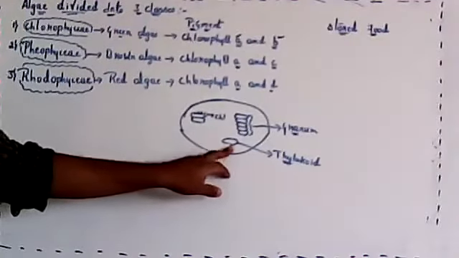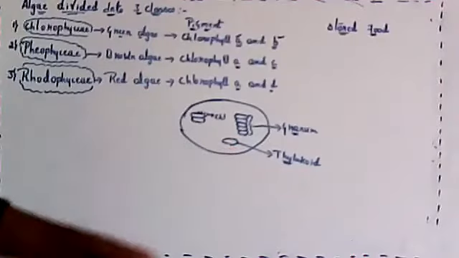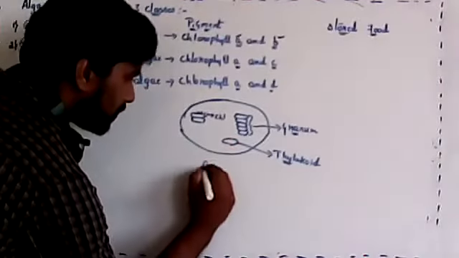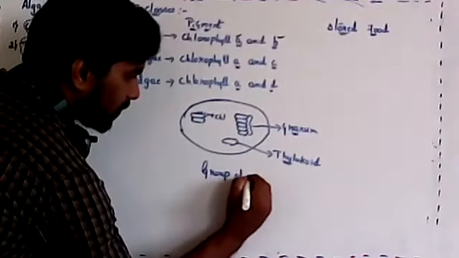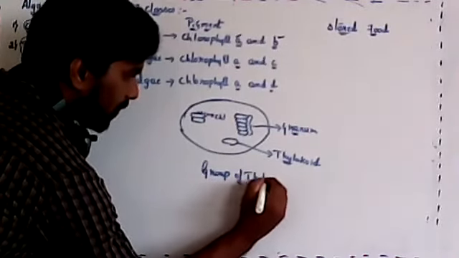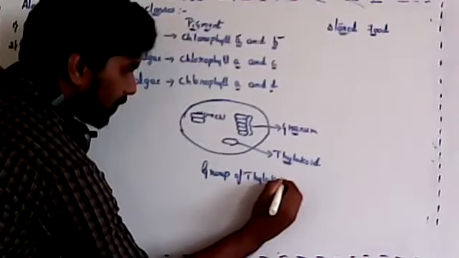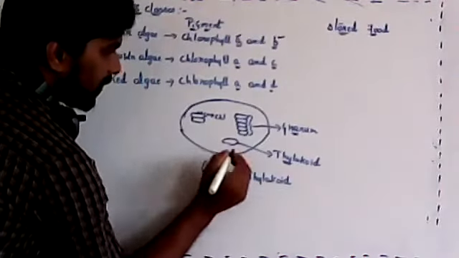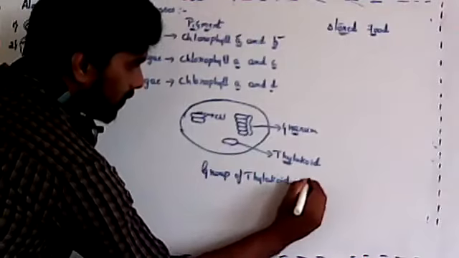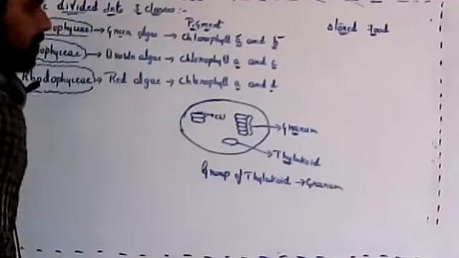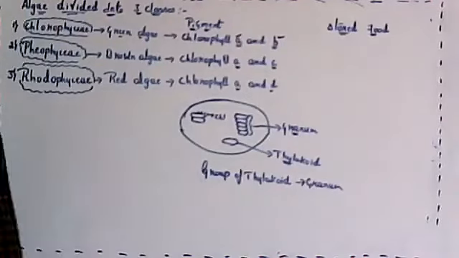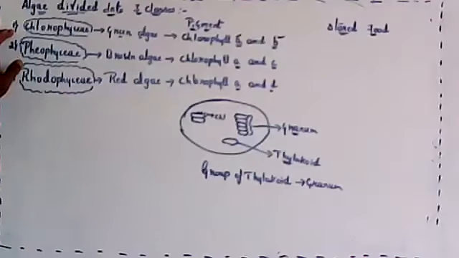A group of thylakoids is called a granum. So single unit thylakoid, then group of thylakoids, granum. On the surface of them, chlorophyll is present. So the first one is Chlorophyceae, green algae, and chlorophyll A and B is present in them.